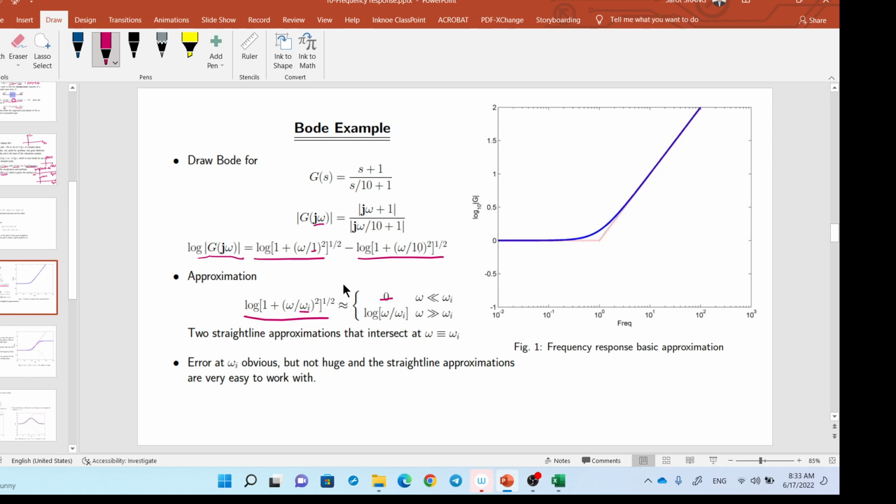And in another case, you take the limit of this term close to infinity, which means omega is much larger than omega I. So then you have log of all of this being approximately log of omega over omega I, because this term is much greater than 1.